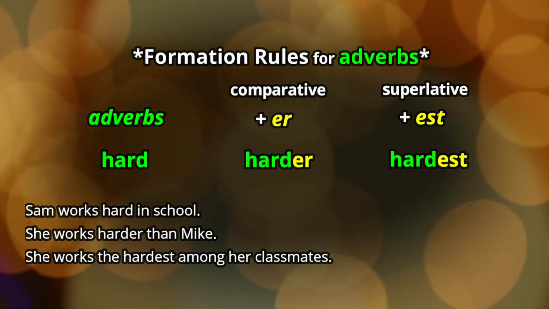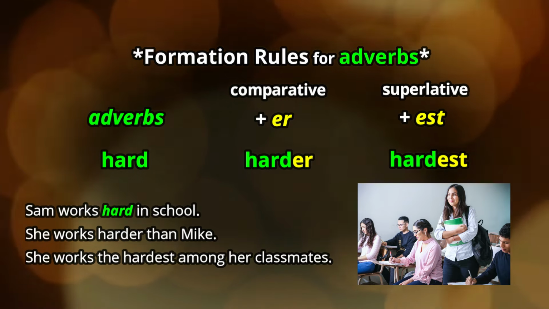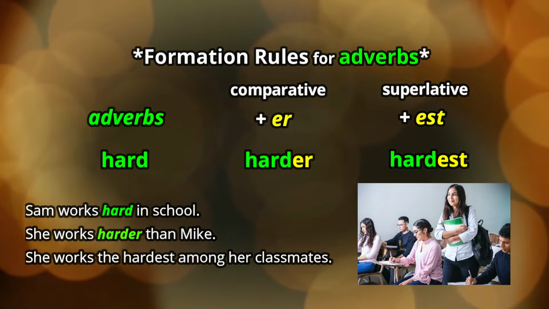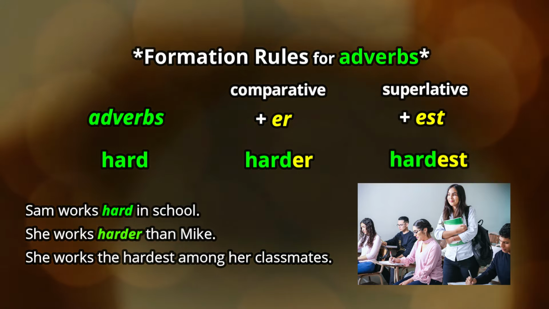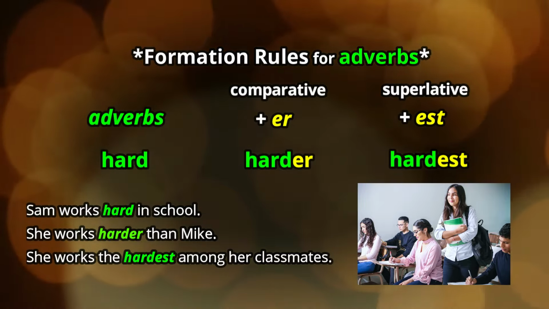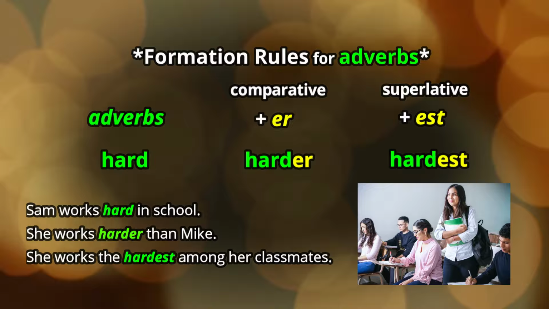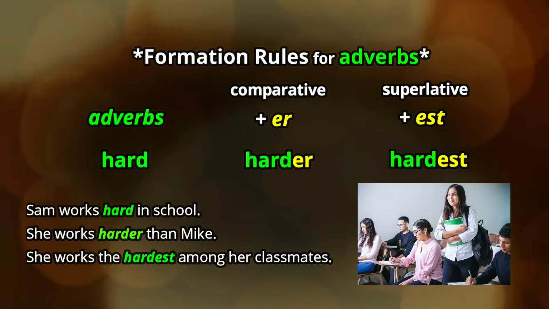So in our example sentences, Sam works hard in school. She works harder than Mike, comparing how hard she works to Mike. And she works the hardest among her classmates. All right, and then we're comparing how hard she works compared to all of her classmates, the group of classmates.